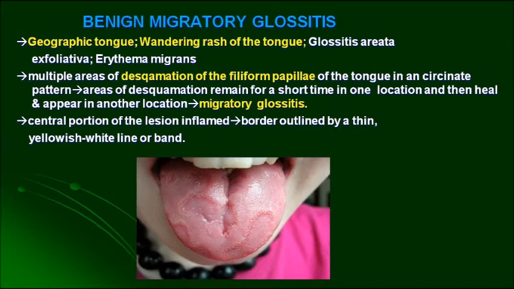It keeps moving from one place to another, unlike median rhomboid glossitis, which was fixed to the centermost portion. That is why it is called geographic tongue, wandering rash of the tongue or migratory glossitis. Note the clinical picture, very important.